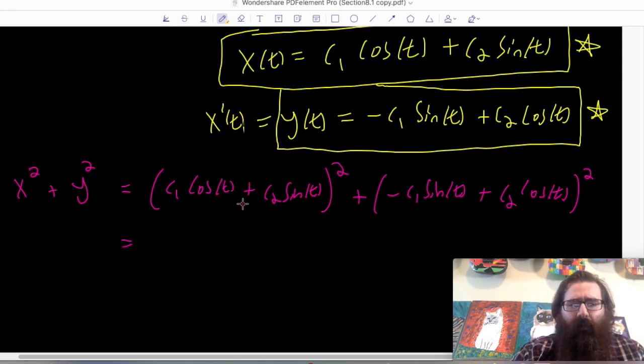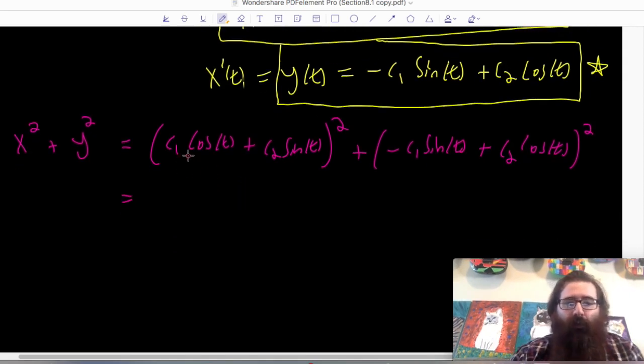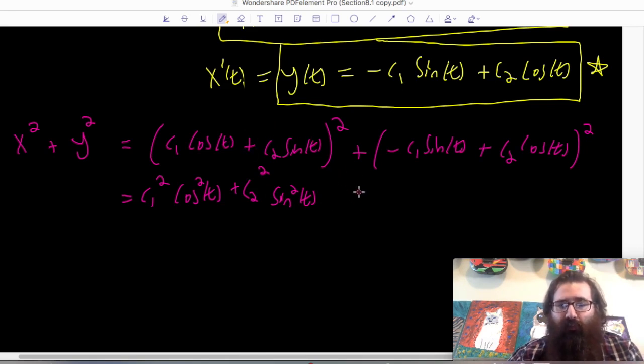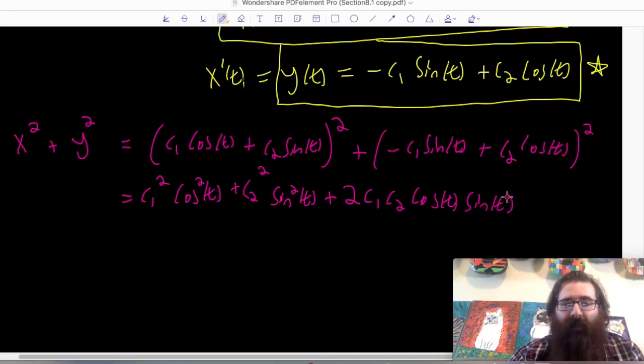So what does this give us? Think about foiling. c sub 1 cosine t times c sub 1 cosine t gives me c sub 1 squared cosine squared t. c sub 2 sine t times c sub 2 sine t gives me c sub 2 squared sine squared t. For the outer and inner terms, those are the same, so I'm doubling it, the product of the two terms in the binomial. So that's plus 2 times c sub 1 times c sub 2 times cosine t times sine t. Then I'll keep adding to this because now I want to square the next.